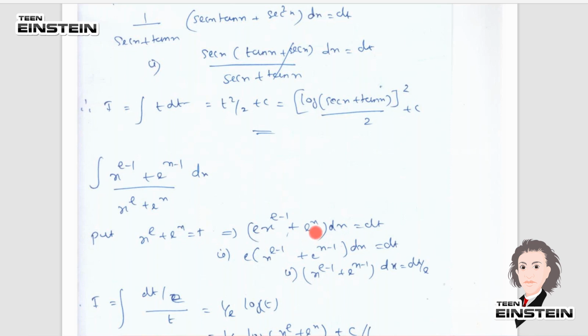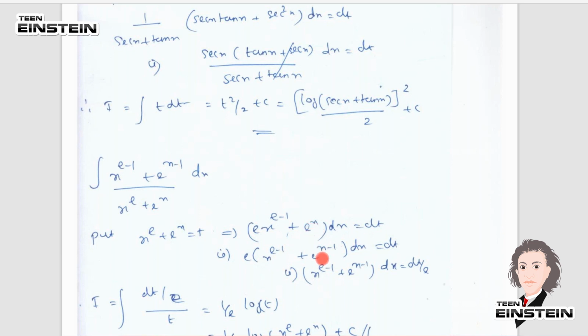Now take e outside, it is common. So bring e outside the bracket. So e into x to the power e minus 1. The first term is x power e minus 1. If you take e outside in the second term, then you will get e to the power x minus 1, because I have taken e outside from this.